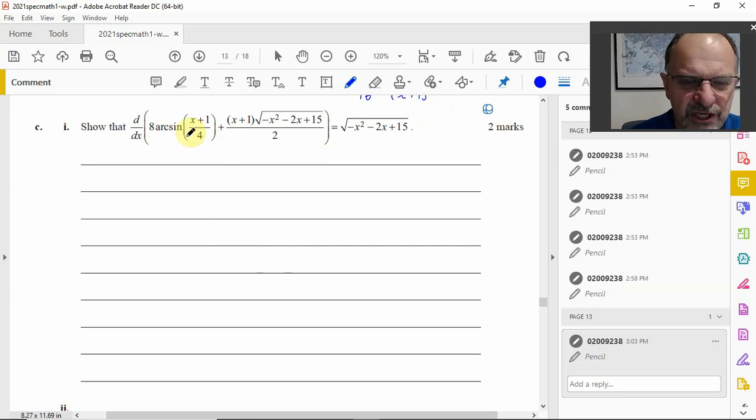So we've got to differentiate the bit on the left. With arc sine, you look up your formula sheet to find that relationship.